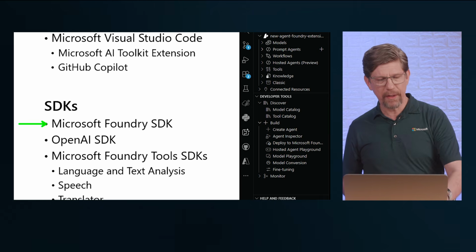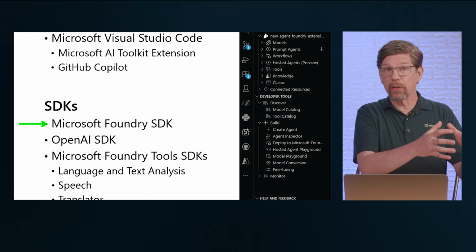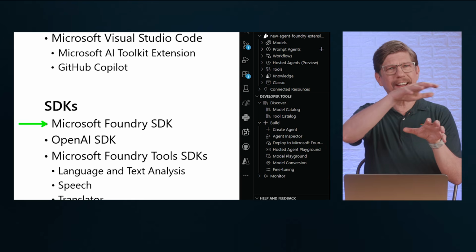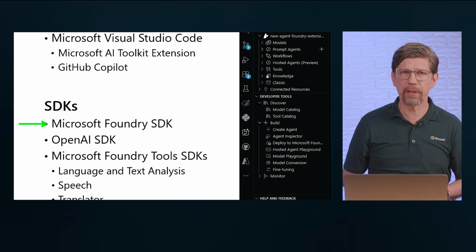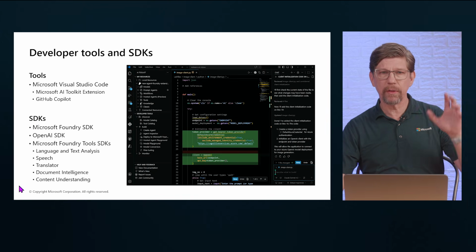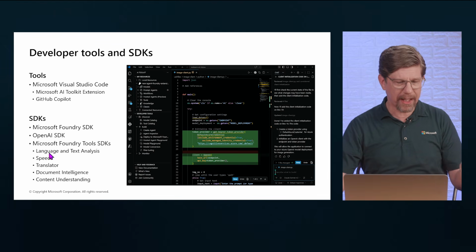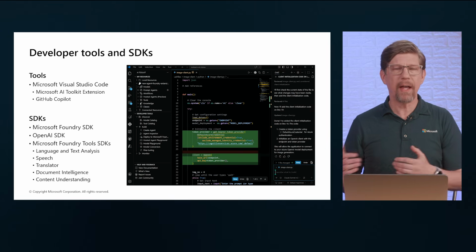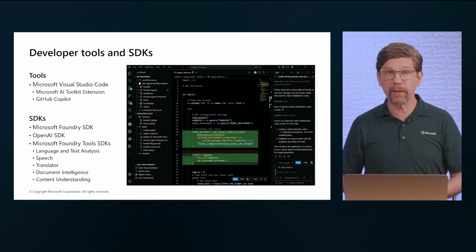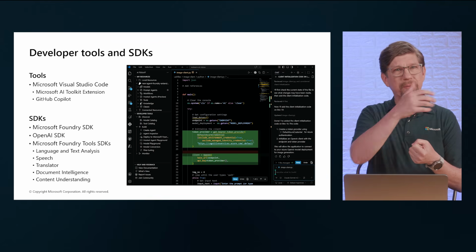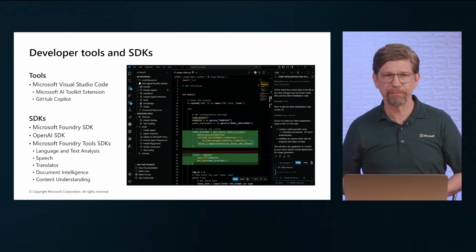So you can imagine that if you're targeting the model directly, maybe the OpenAI SDK works, but if you're working at a higher level, often we'll jump into the Foundry platform. And then we just talked about the other Foundry tools that were available to us, language and speech and translator. Each of those have their own SDK, right? And so we can use those directly, or we'll see there are some tools that allow us to work with them from inside the agentic structure.